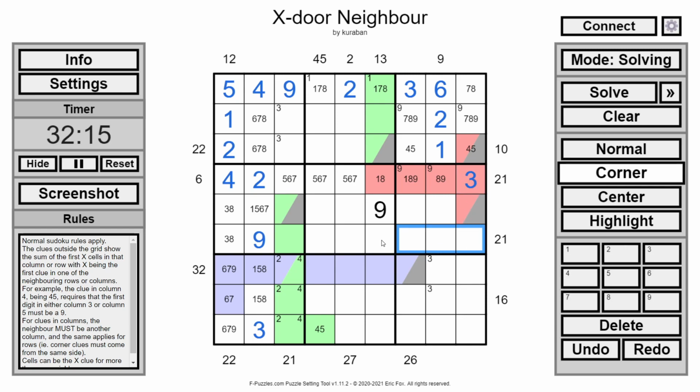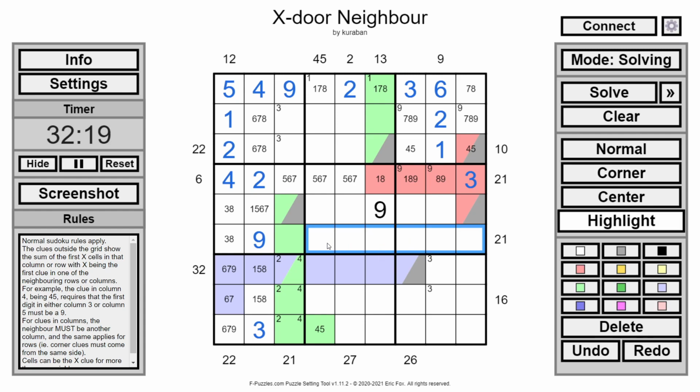It could be length 4, it could be length 5, could be length 6 actually. Yeah, I don't think we can do anything with that.